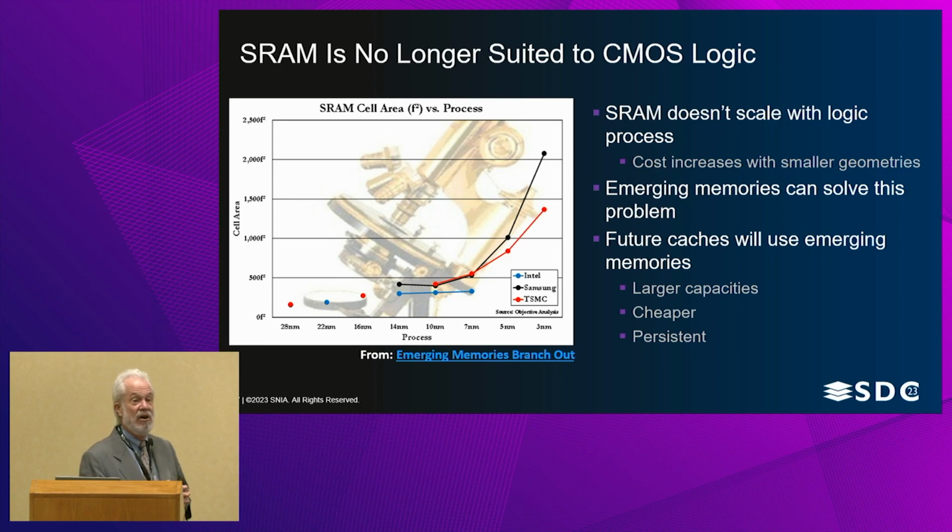And so it's going to cause an emerging memory technology, probably MRAM, if things stay the way that they are today, to become the cache memory in standard processor chips.